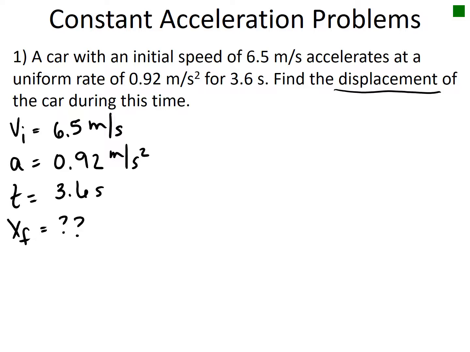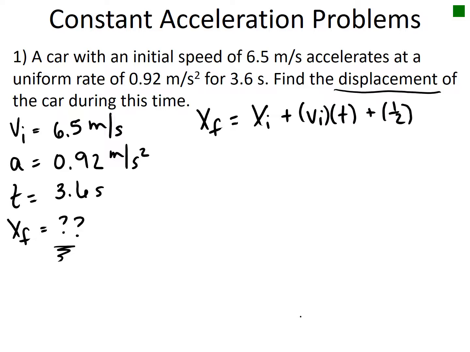So going back to those equations that we had, we want to go as direct as we can to the quantity we're solving for. So we want to do XF equals XI plus VIT plus 1/2 AT squared.